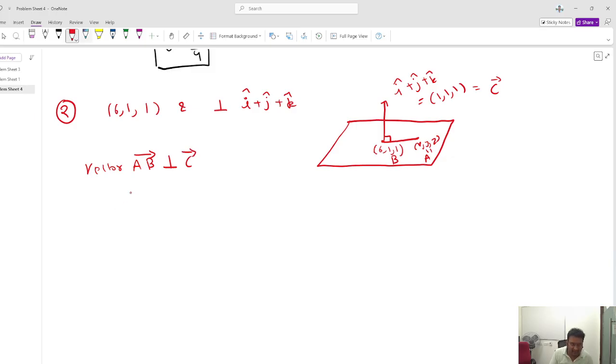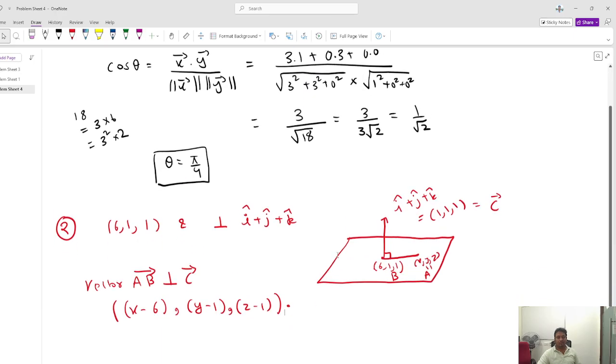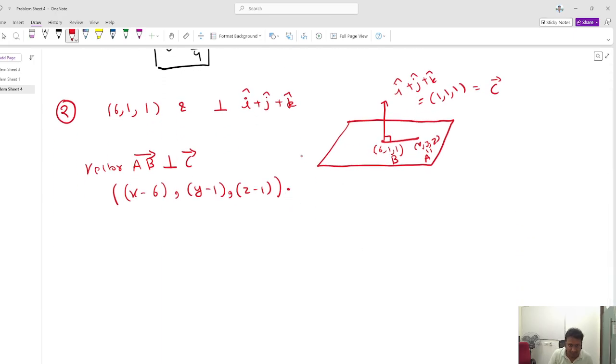So what you will get is x minus 6, comma, y minus 1, comma, z minus 1. This vector is orthogonal, meaning the dot product is 0. Orthogonal means a 90-degree angle, so cos 90 is 0. So you have here 1, comma 1, comma 1, and this is equal to 0.